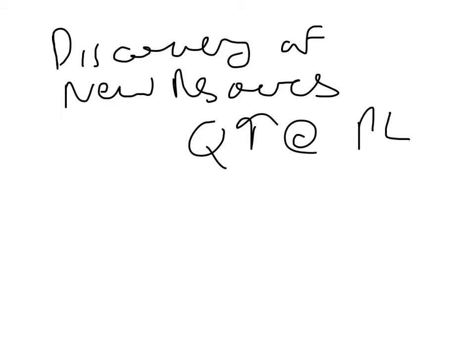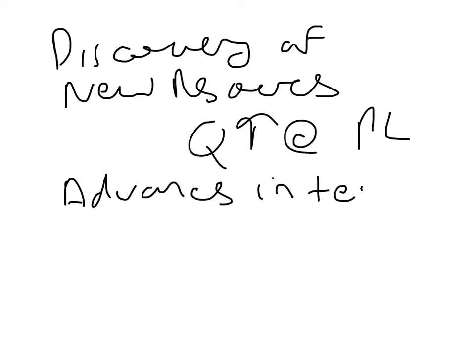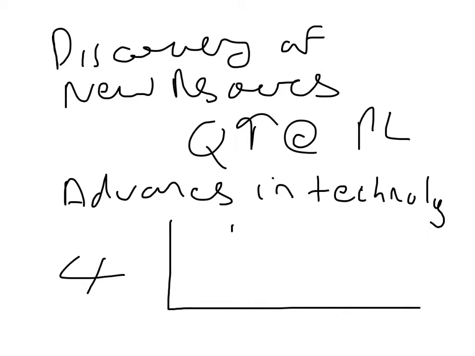And what's the other one? Well, hopefully you're saying advances in technology. Yep. So there are the four reasons that move both the long-run aggregate supply curve and its companion short-run aggregate supply curve.